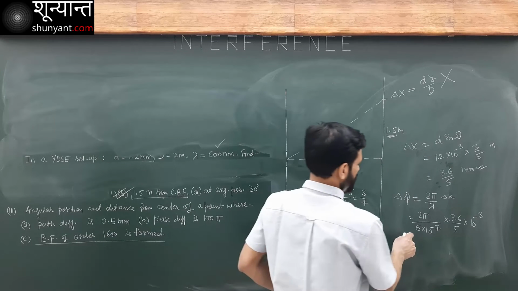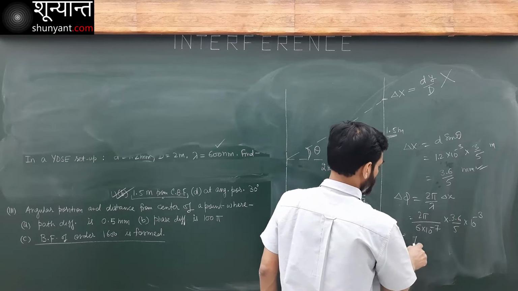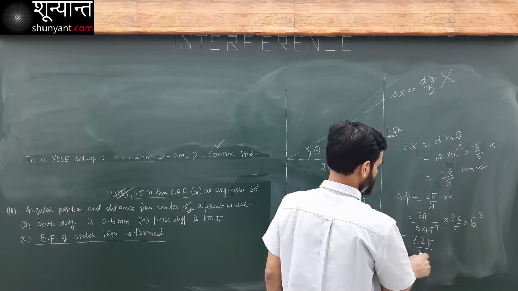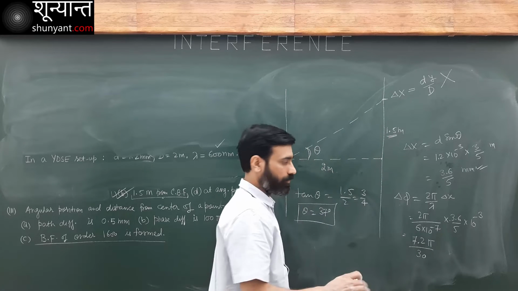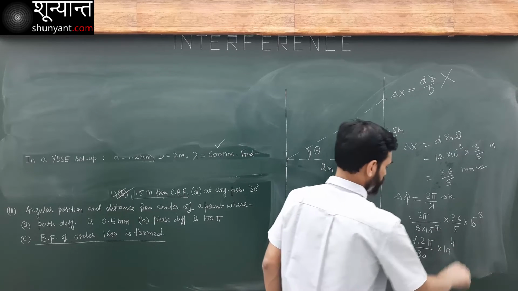Now this becomes 7.2 pi over 30, and this becomes 10 power 4.